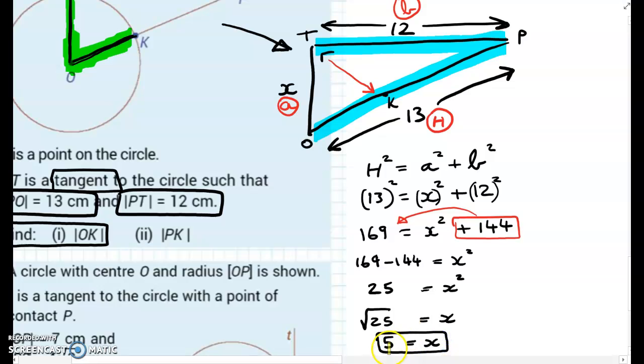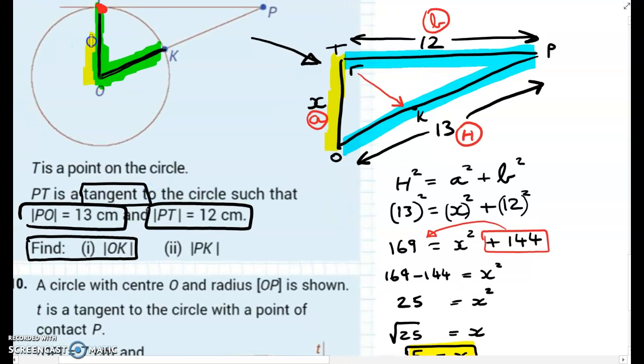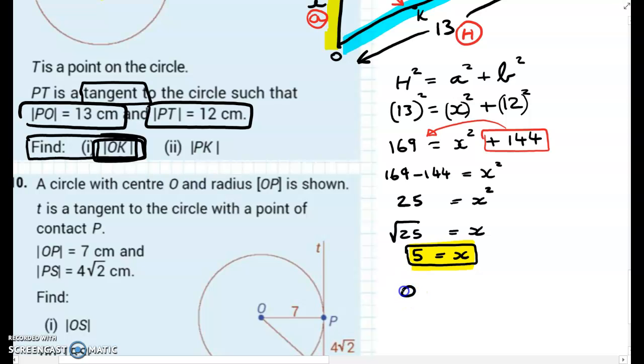We now know that this side of the triangle here is 5. And like we said a moment ago, if that's 5, then that's 5. They're the same because they're both radii. In the question you're asked to find OK, which is that side. So OK equals 5.